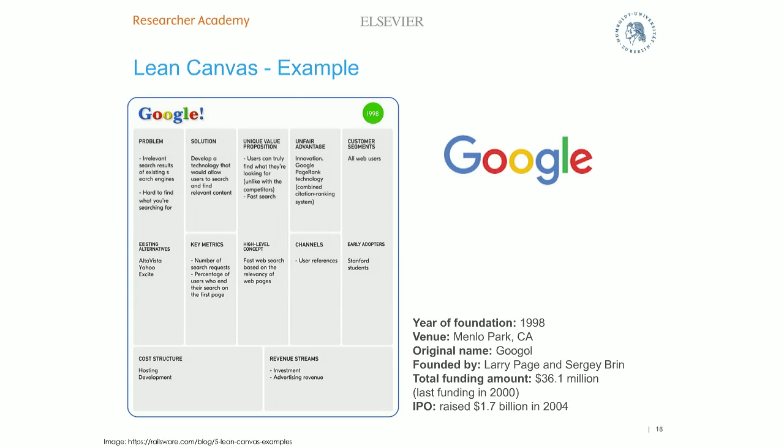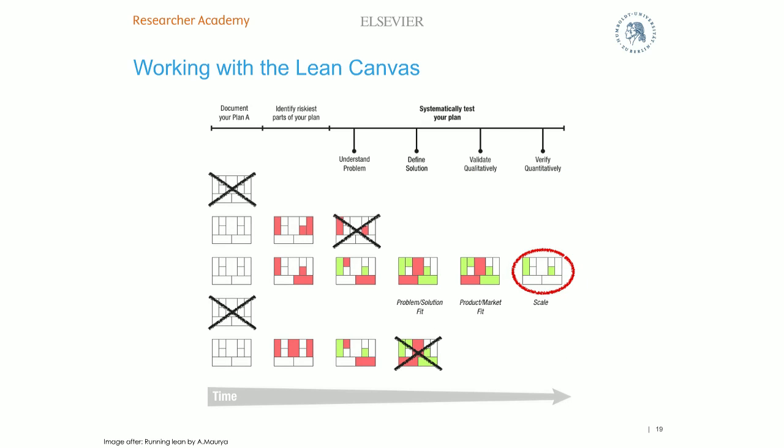If you have understood the different fields, the different segments of the Lean Canvas, the next natural question would be, how should I use the canvas? And just like the business model canvas, the Lean Canvas is also a tool which is used in different situations throughout your business development process.